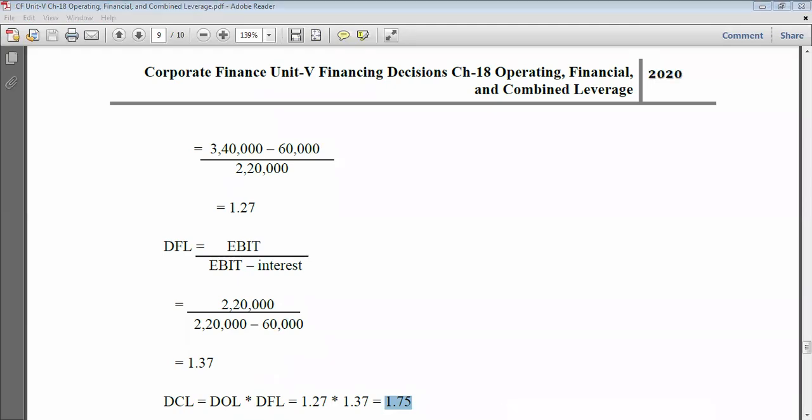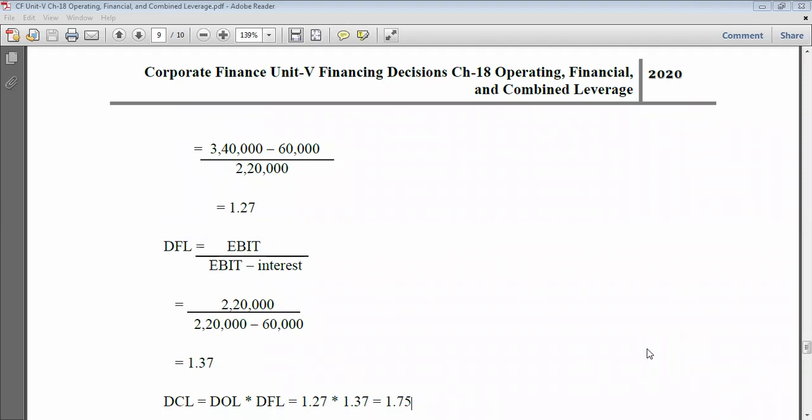The earning per share of this company. If the sales of this company change by 1%, the earning per share will also change by 1.75%, more than the percentage change in sales.